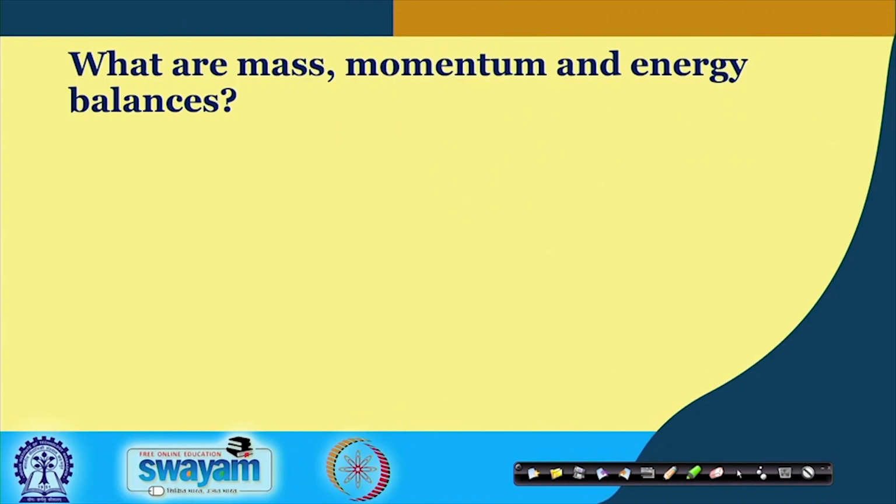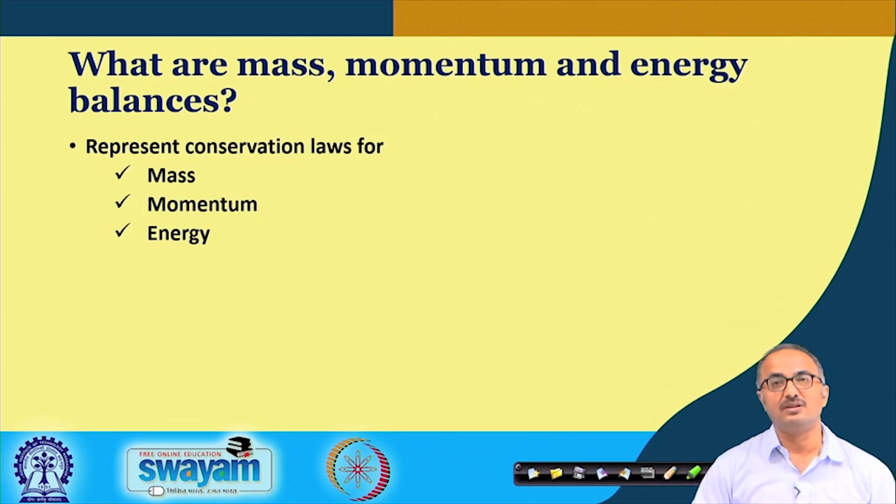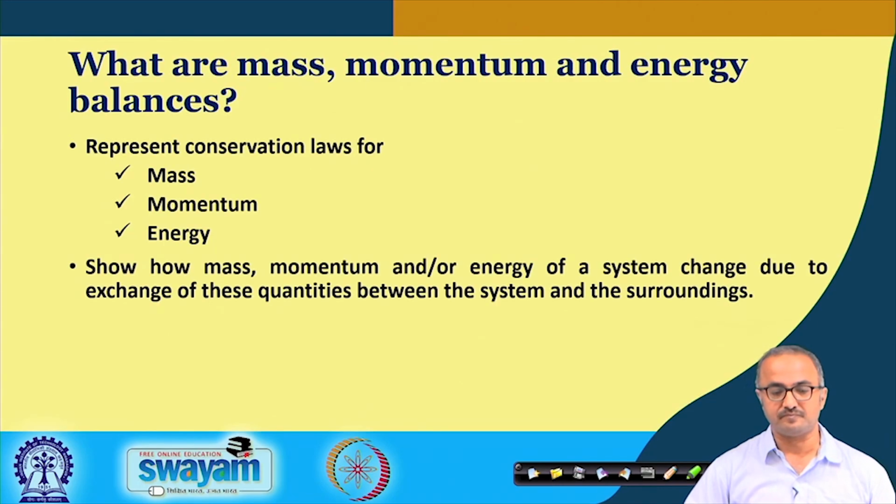So, first let us see what we mean by mass, momentum and energy balance. All these balances primarily represent conservation laws, and as we know, the conservation laws pertain to mass, momentum and energy. So, all these three things are conserved, and whenever we make balances on any kind of system, we are basically writing these balances.